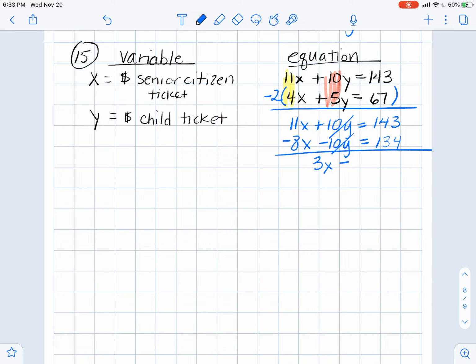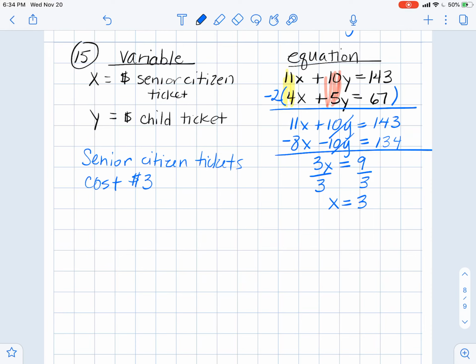My y's eliminate, and it looks like 143 minus 134 is 9. Divide both sides by 3. So 9 divided by 3 is 3. So in this case, we're going to have senior citizen tickets cost $3.